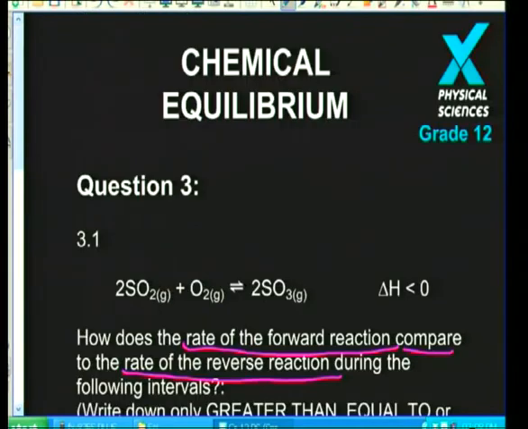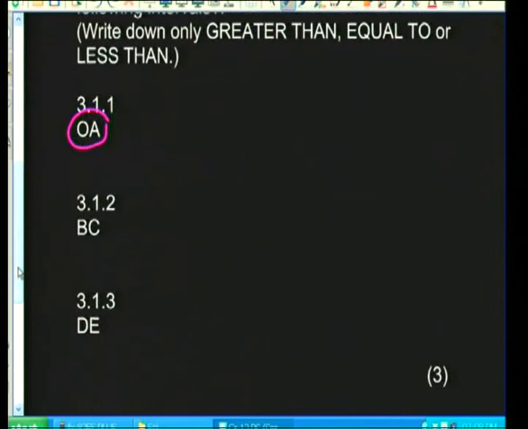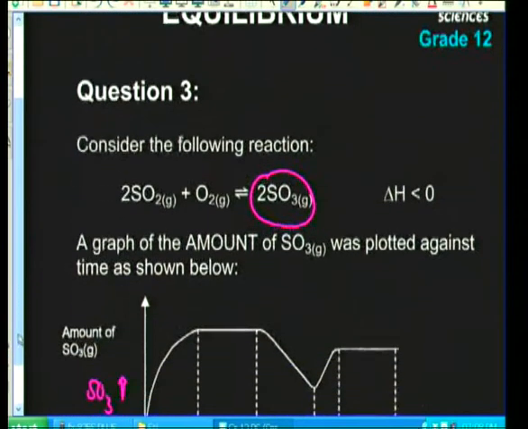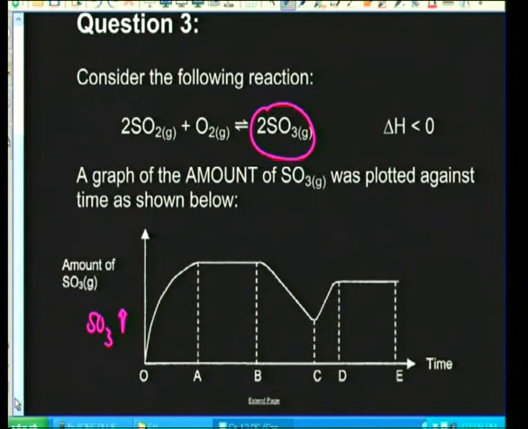The next interval they're asking us to consider is the interval from B to C. Going back to my graph, B to C is this third interval over here. Well, the amount of SO3 is decreasing, so I'm writing there decreasing SO3.